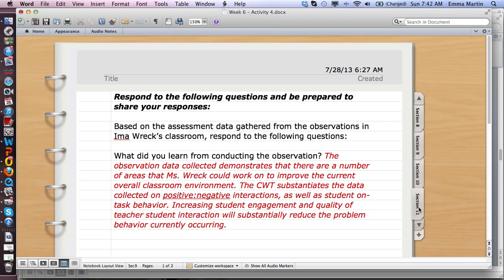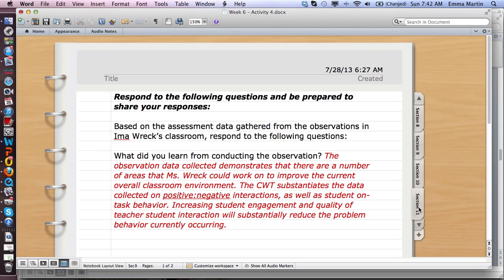Okay, it allowed us to look at behavior in a number of areas and then provide her with some data. So the classroom walkthrough substantiated the data we collected on positive and negative interaction, as well as student on-task behavior. So this was more of an informal way of looking at the behaviors that were occurring, whereas the other two were more quantitative data management observation tools.